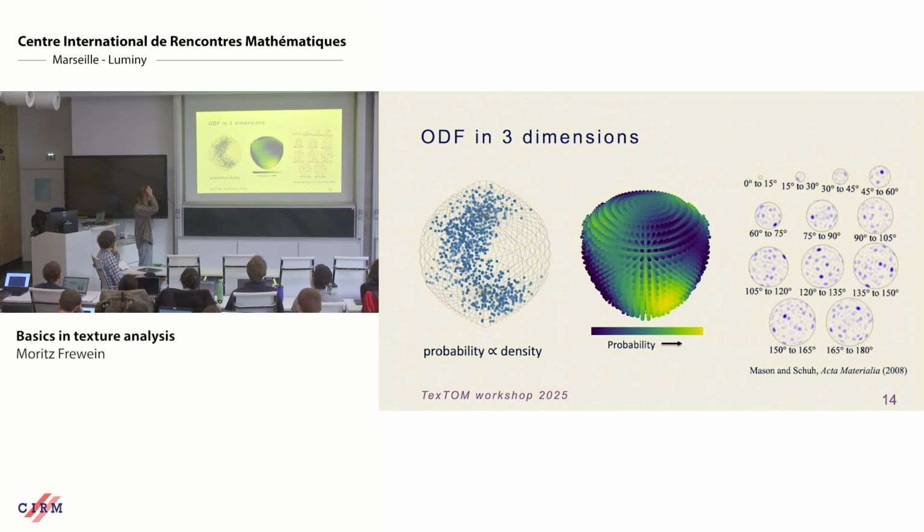And there's another possibility to represent it like this. So we take basically the center of the distribution, we do a stereographic projection, and then take the next slice, next. And so we can look at all of the angles at once. So yeah, this is a drawback of this representation, we have a lot of information at the same time we have to look at, and you will see later how it becomes even more complicated.